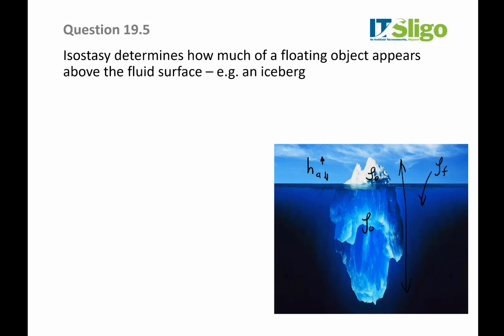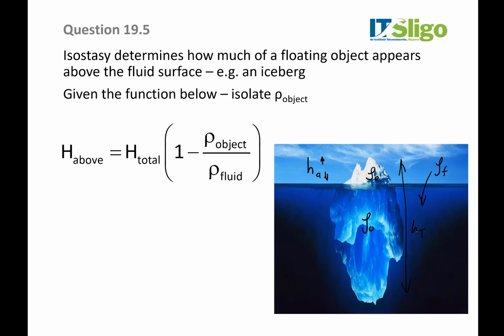So with a couple of simple measurements, the height above sea level and two density figures, we can tell an awful lot. So the function looks like this.